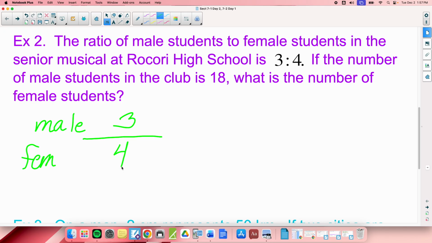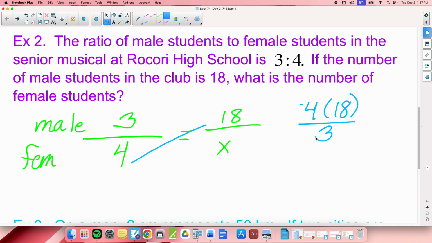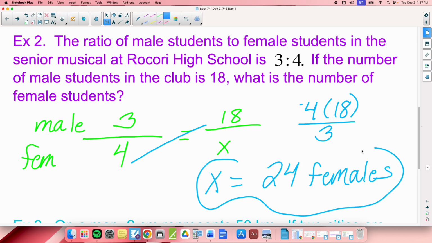And it says if the number of male students in the club is 18, since I put the males on the top here, I'd put the 18 on top, and then that would be X. And then again, we would just cross multiply. So we would go 4 times 18 divided by 3. And when you do that, you should get 24, and that is how many females. Okay.